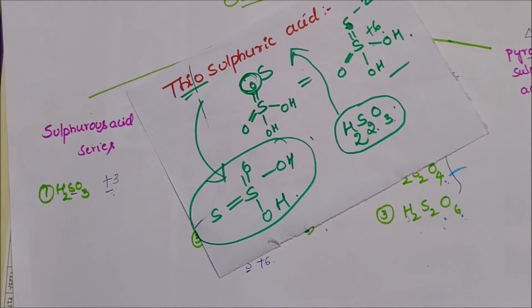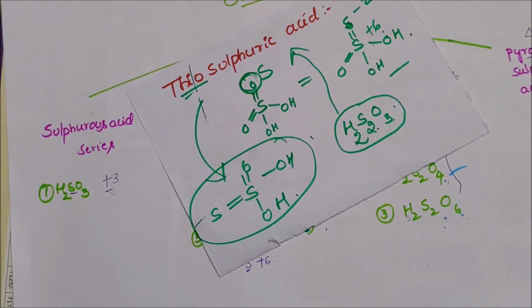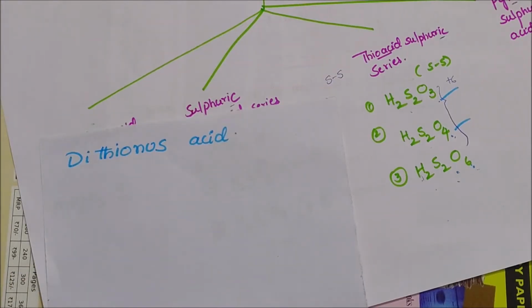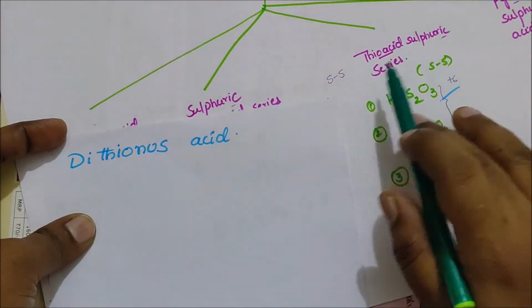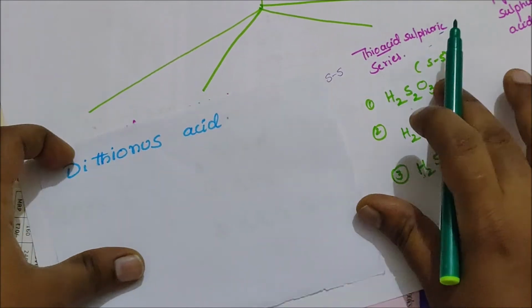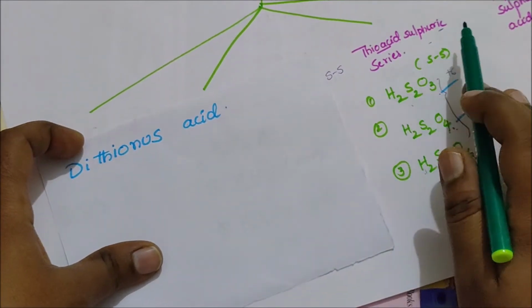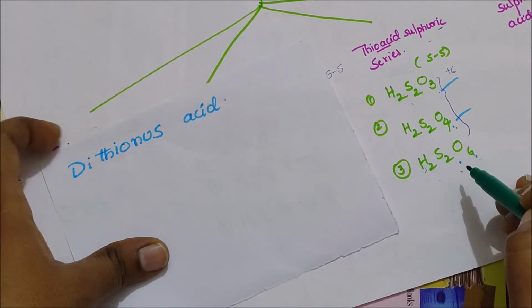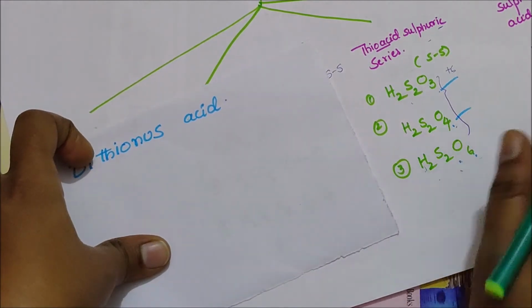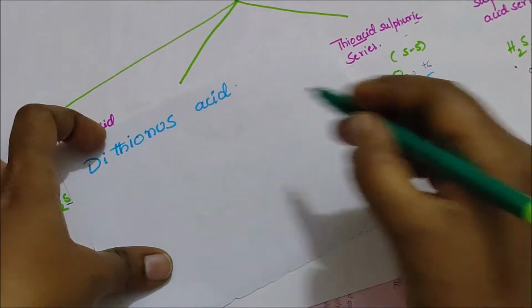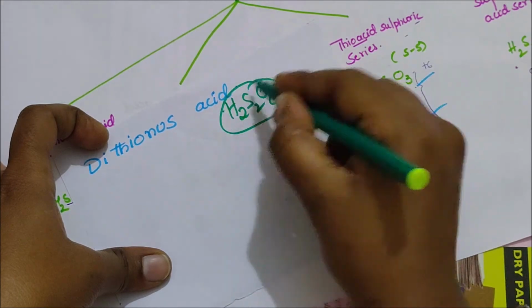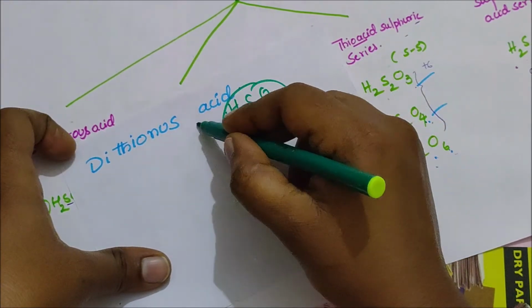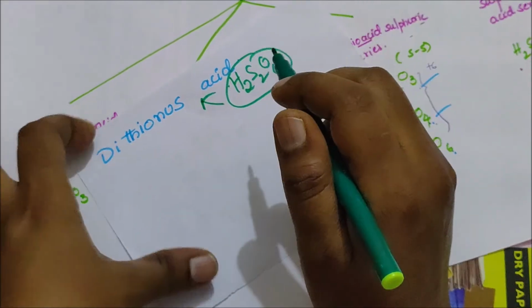And next one is dithionous acid. This is in the thiosulfuric acid series. H2S2O4 is called dithionous acid.